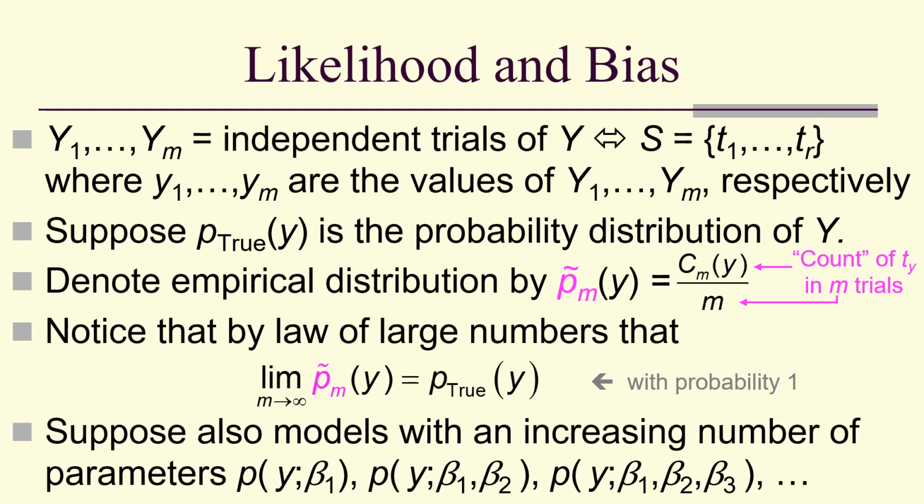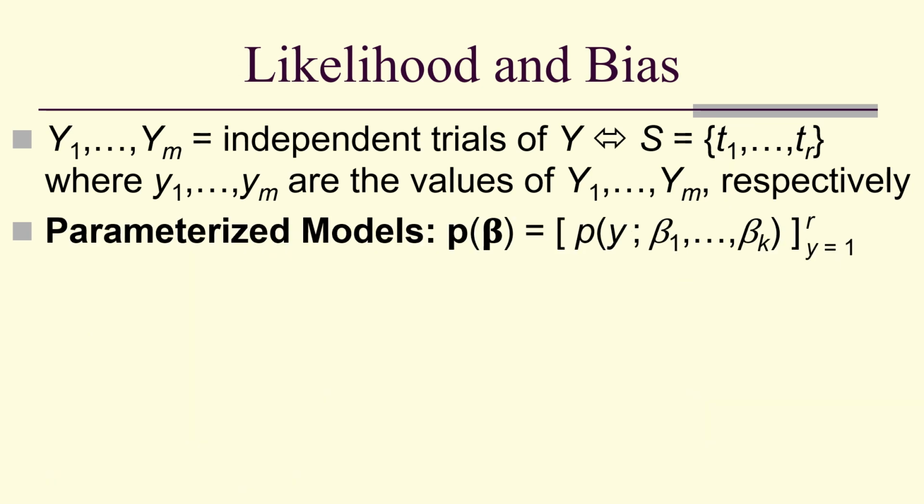Suppose also we have models with an increasing number of parameters. The first with 1 parameter, the second with 2, the third with 3. So these are parameterized models. And again, we're going to use the function notation, P of Y given the parameters beta 1 to beta k, and that's the Yth coefficient of the parameterized vector.